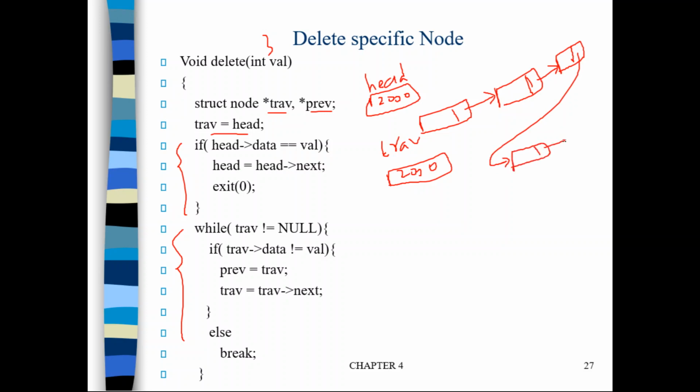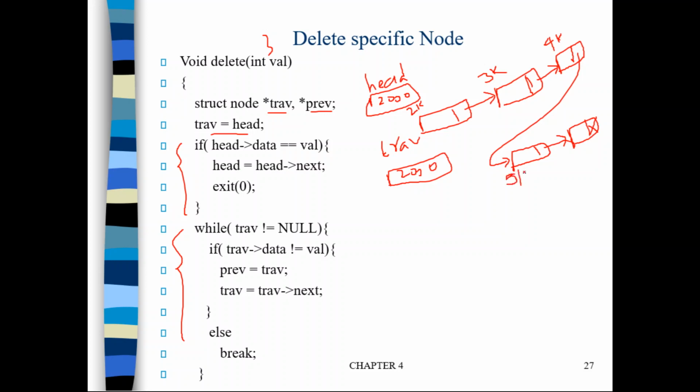This is the fifth node, and the fifth node is pointing to null. Say this starting address is 2000, I will call it 2k shortly. This starting address is 3000, 3k. Its starting address is 4000, 4k. And the starting address of this node is 5000, 5k.